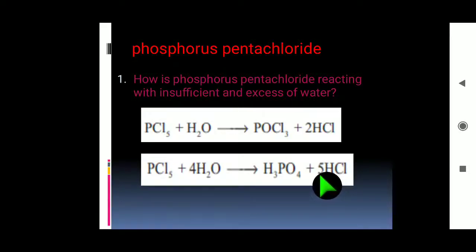Next, hydrogen: you see 5 hydrogen here, 3 hydrogen, totally 8 hydrogen. That's why we write 4 H2O. In front of H2O you should write 4 for balancing. These two equations are balanced.